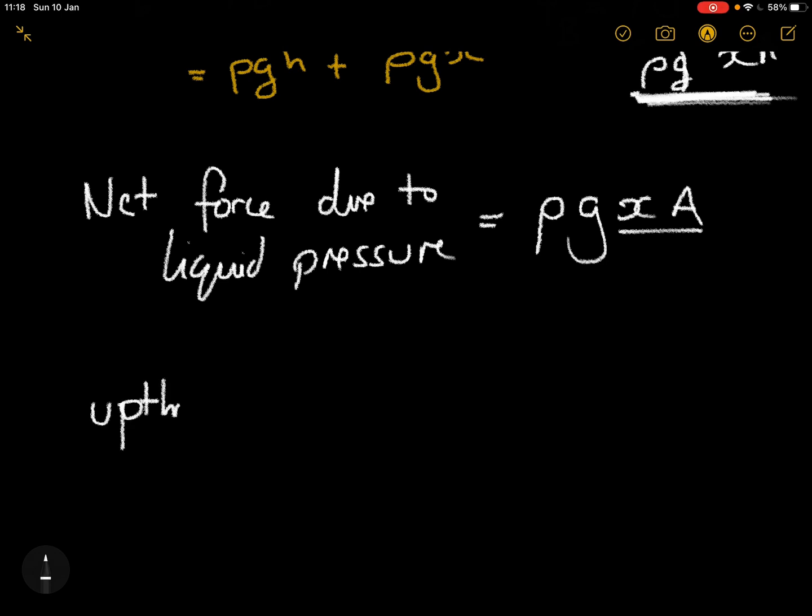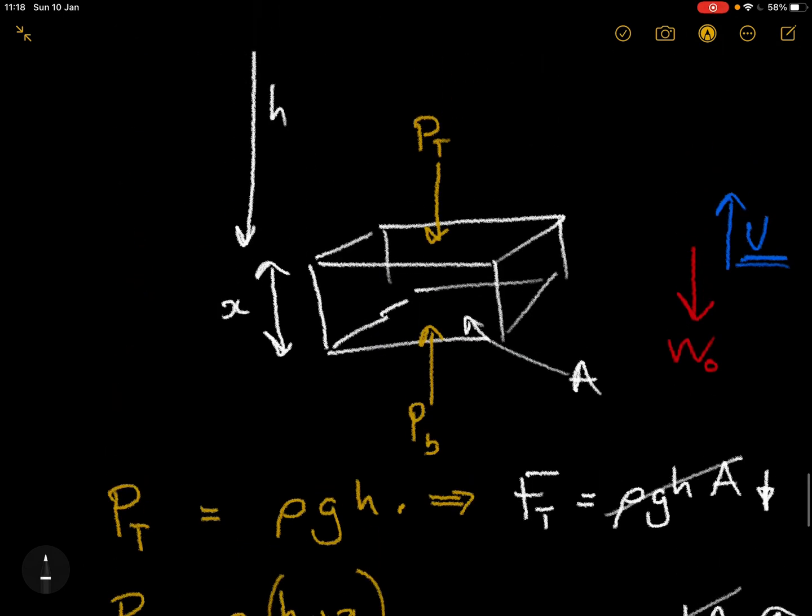So our upthrust is equal to the density of the liquid times g times the volume of the liquid. Because the volume of the box and the volume of the liquid that it takes up are the same thing.